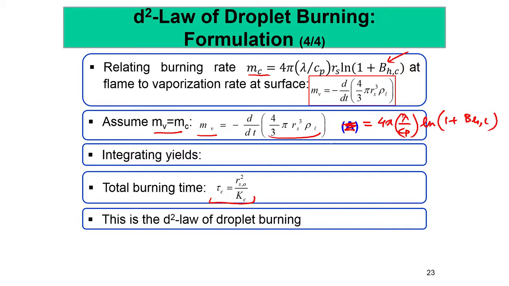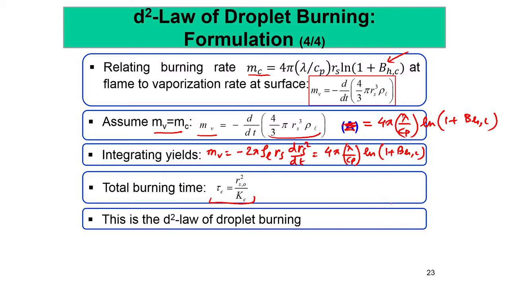As we know, we wrote this as Rs times dRs squared by dt. So mv is equal to minus 2 pi rho L times Rs times dRs squared by dt, and that is equal to 4 pi lambda by Cp ln of 1 plus BHC.